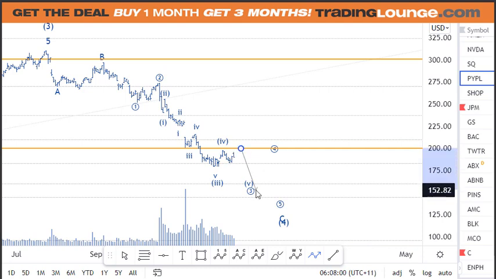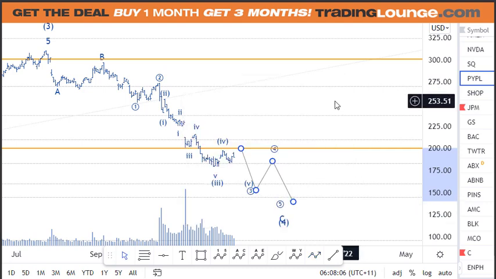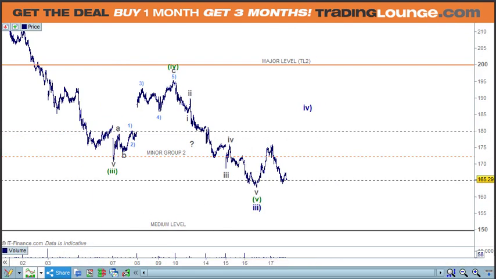But we should be heading down still with this, so it's not there yet. Okay, so I can put that wave 4 there. So that means in this case I would need to put this wave 4 here and this one down here somewhere. So we're still not there yet, because I just haven't had time to do that.